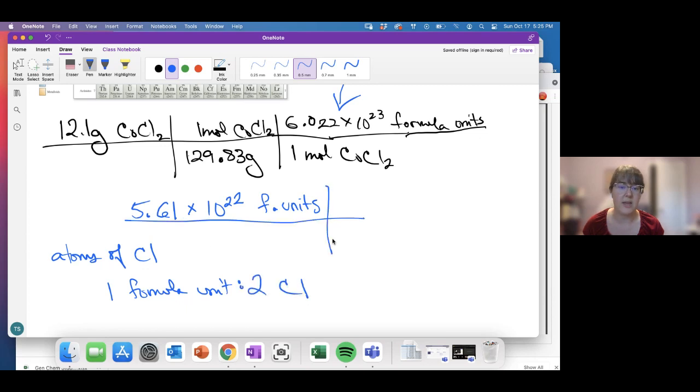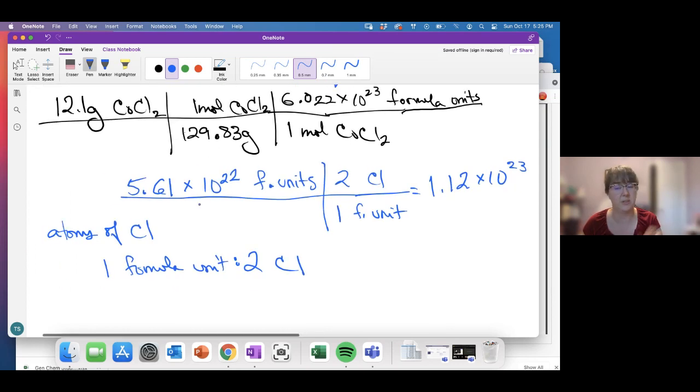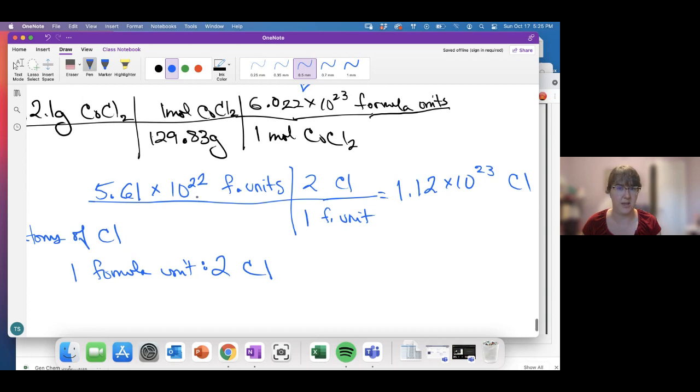So I could have said for every 1 formula unit, I have 2 chlorines. And yes, I am just multiplying times 2. So there's 1.12 times 10 to the 23rd chlorines. So there's another variation I could have done. So instead of formula unit, I could have asked for atoms of something specific. That's an option I have.